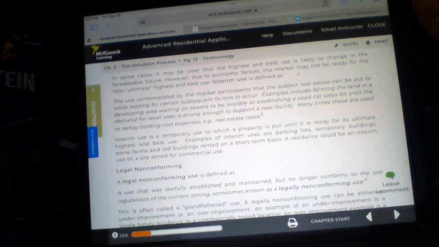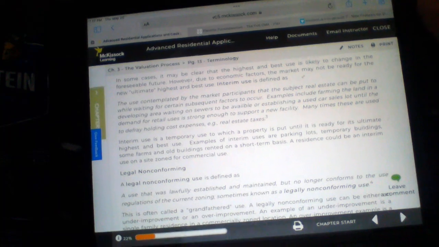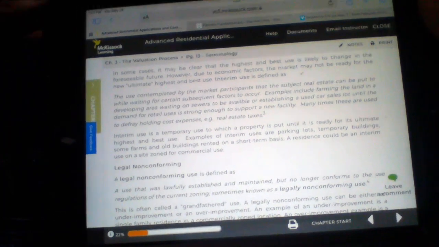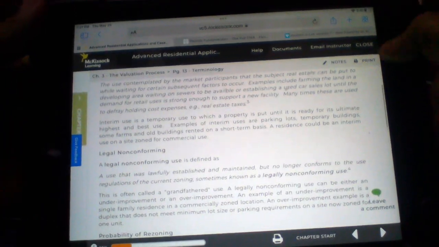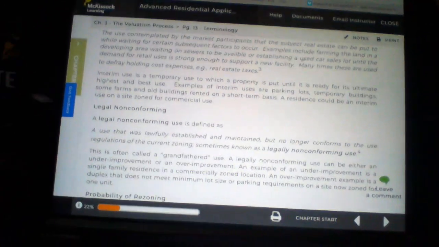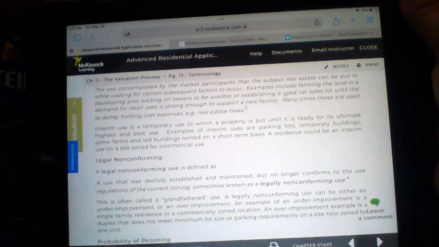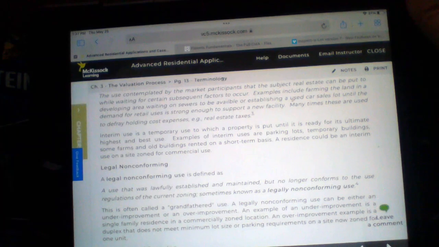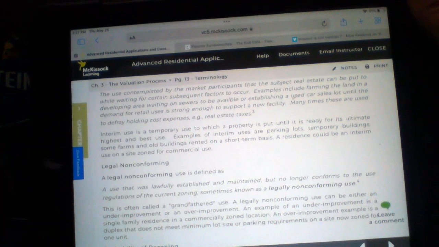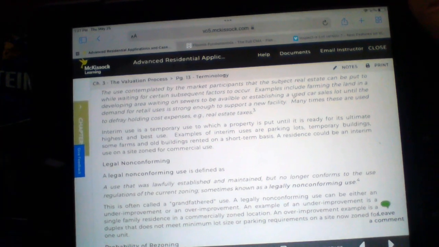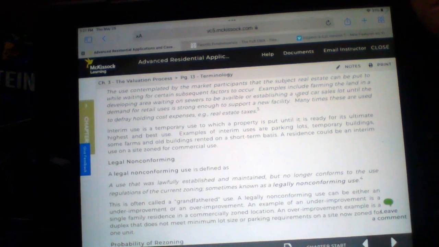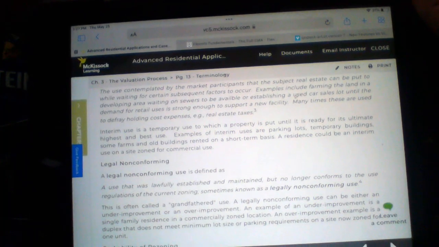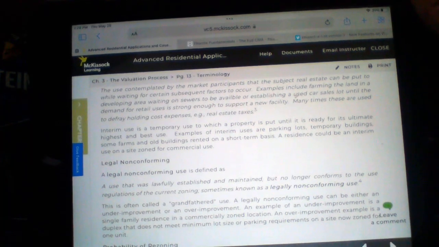Interim use, that's highlighted, is defined as the use contemplated by the market participants that the subject real estate can be put to while waiting for certain subsequent factors to occur.